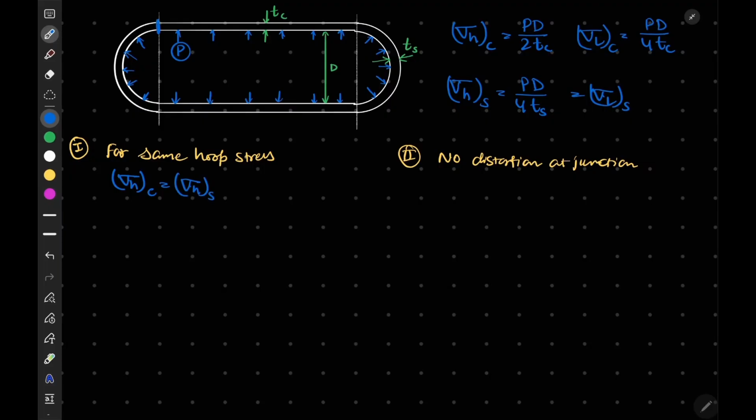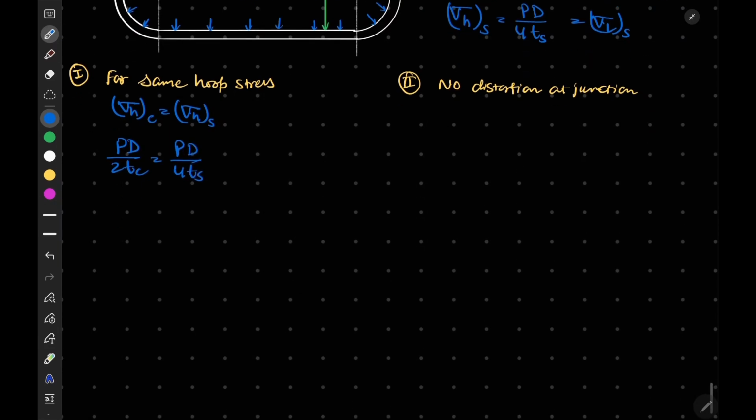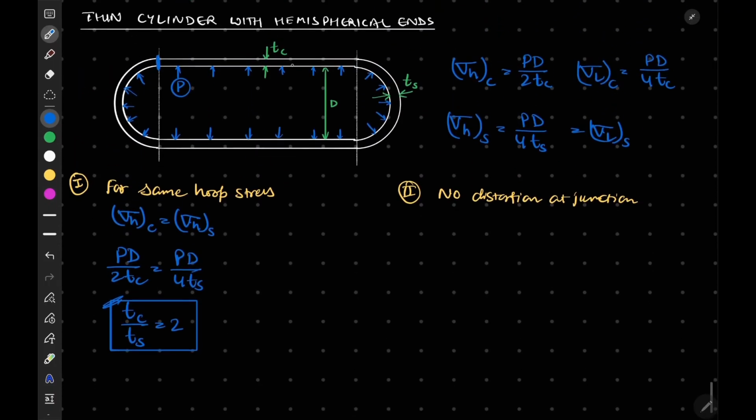So I can write PD by 2TC is equal to PD by 4TS. From here, TC by TS is equal to 2. So the thickness of the cylindrical part is twice that of the spherical part. This part is thick and this part is thinner, for the same hoop stress.